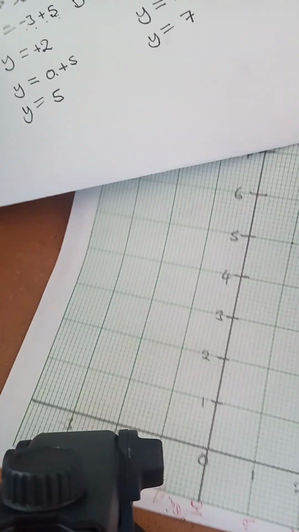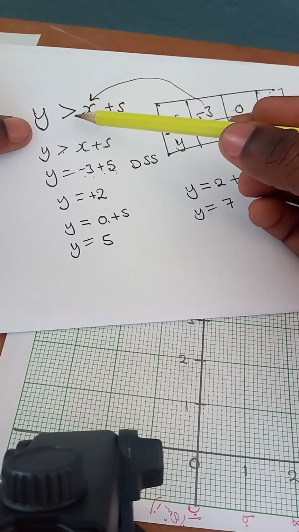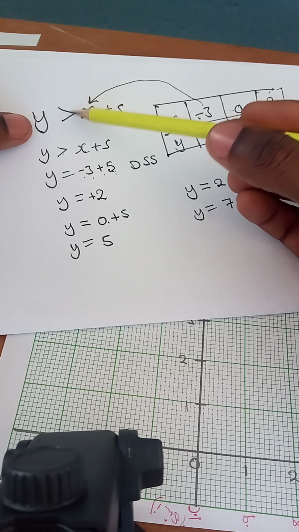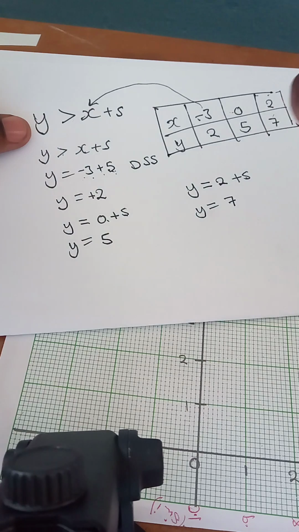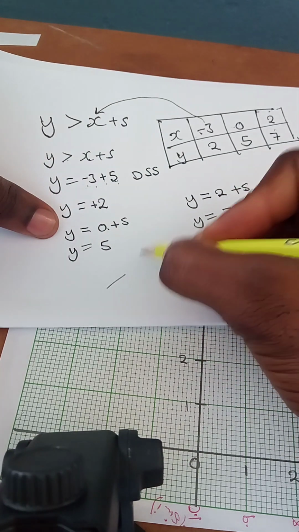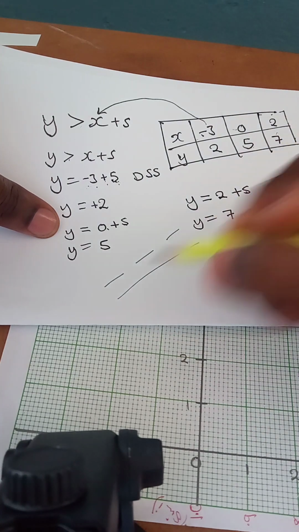Okay, so let's do that now. Let's plot the points. And remember, this one here is saying strictly greater than x. We have no equal sign there. So that means we are expecting a broken line, not a solid line like this.